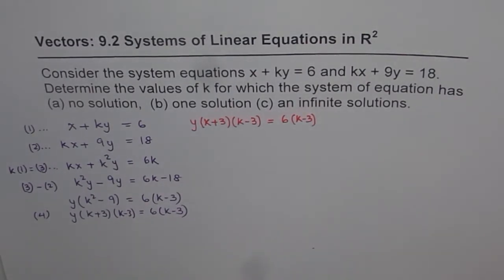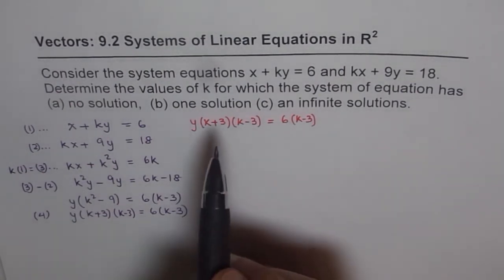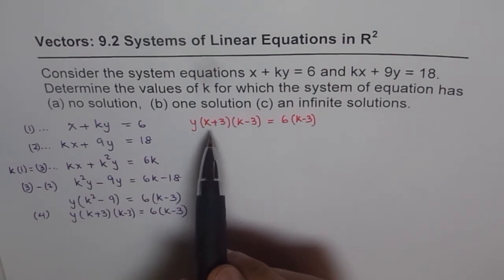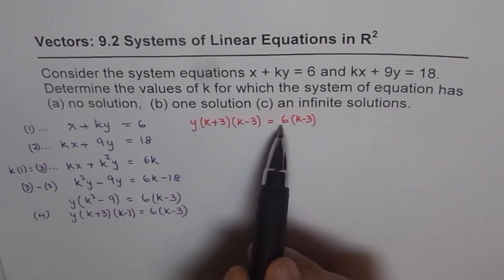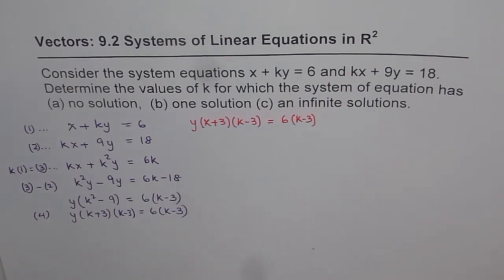In this case, there could be different scenarios. If I put k equals minus 3, then what happens? I get this side is 0 and this side will be something but not 0. Do you see that?